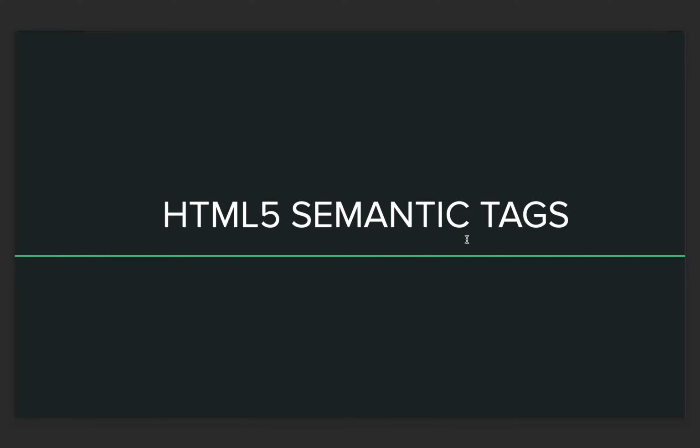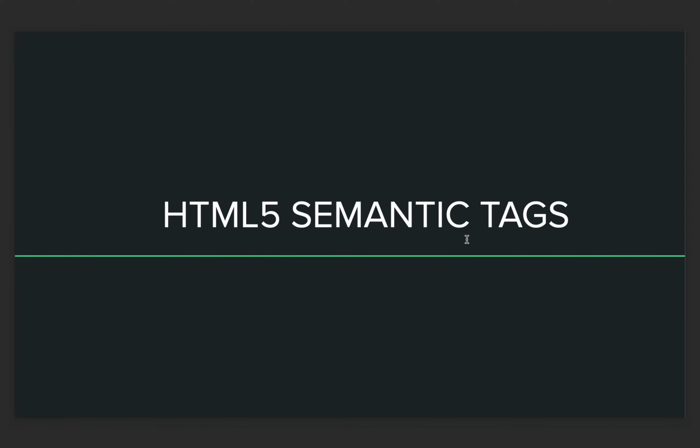Pretty sure the majority, if not all, are familiar with HTML5 semantic tags. Basically, semantic tags or semantic elements are elements with meaning, elements that come with a meaning, if I can put it that way.